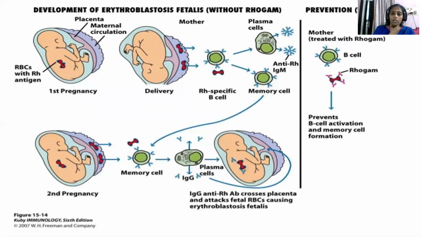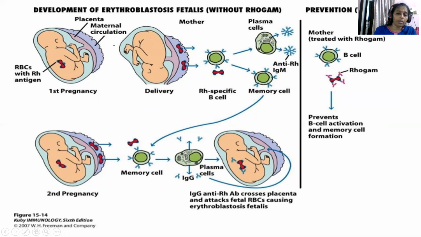So this is the condition. The baby is Rh positive and the mother is Rh negative. During the pregnancy, the Rh antigen is in no way getting into contact with the mother's circulation.